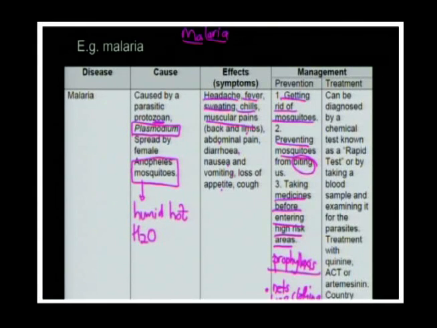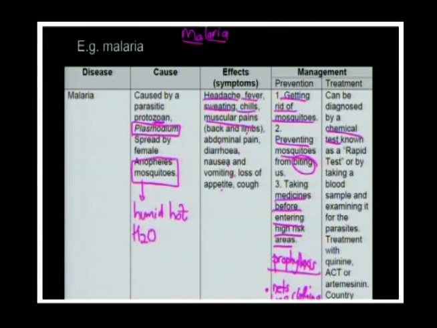Because once she's bitten us and injected those parasites into our bloodstream, it's quite a difficult job to get rid of the disease. You will find that a chemical test called the rapid test is used to diagnose a person who has malaria. This is quite important because remember those flu-like symptoms.